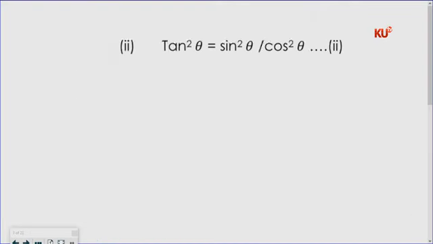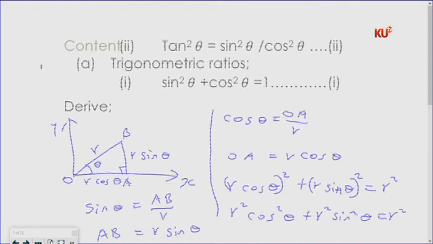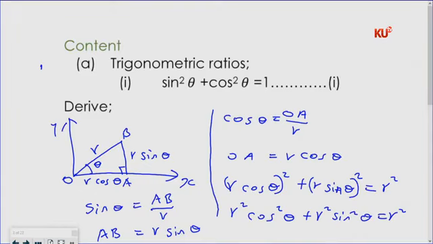You can divide each term by r squared. So if I divide here by r squared, by r squared, by r squared, I'll end up having cos squared theta plus sine squared theta is equal to 1. So where is this 1 coming from?